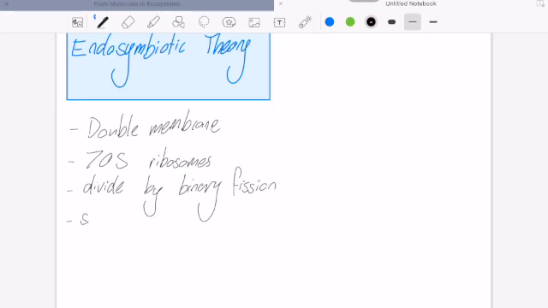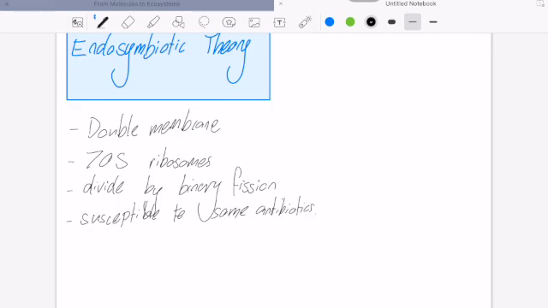This is a relatively new one, but they are susceptible to some antibiotics. Now, as you go through the unit, you'll realize how these antibiotics will work against bacteria, which are mostly prokaryotic cells, since they have the metabolisms and all that.